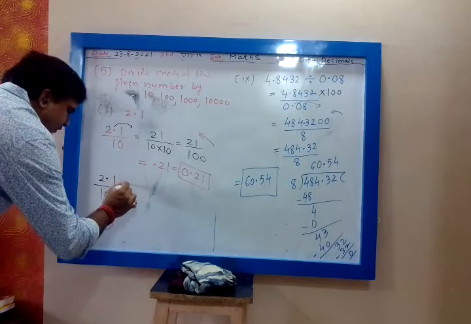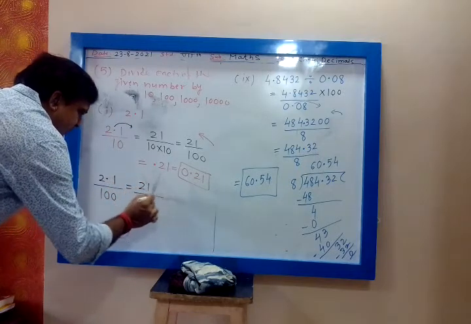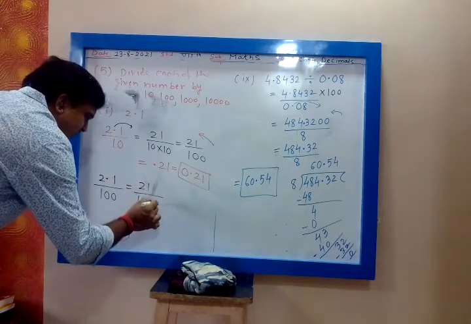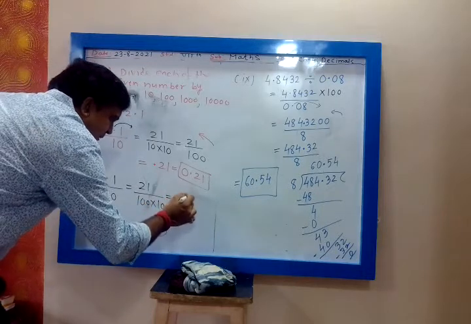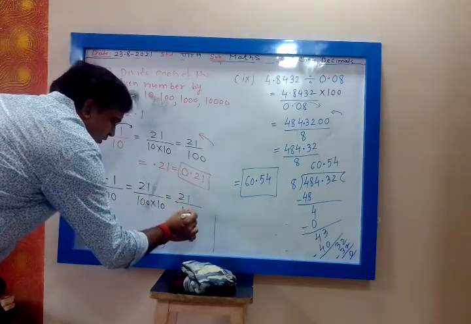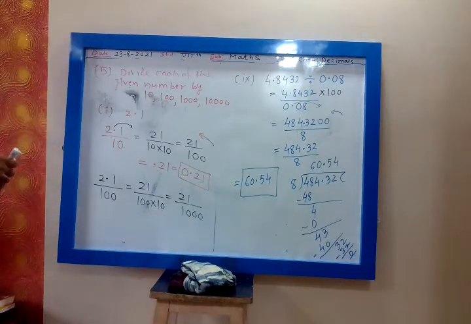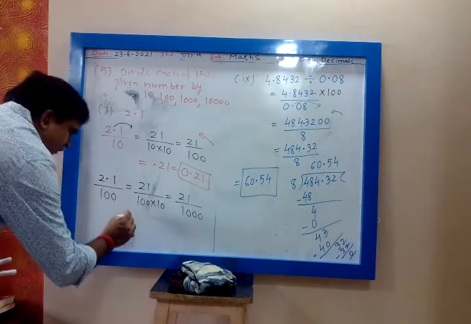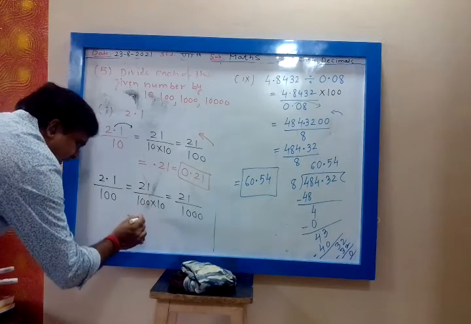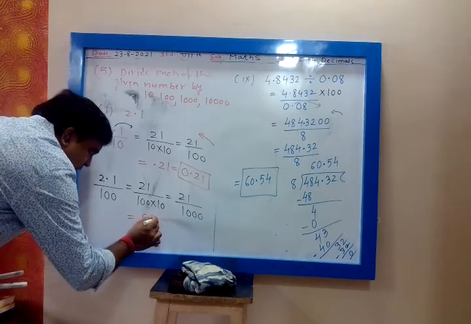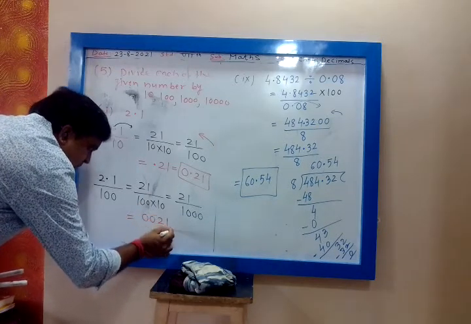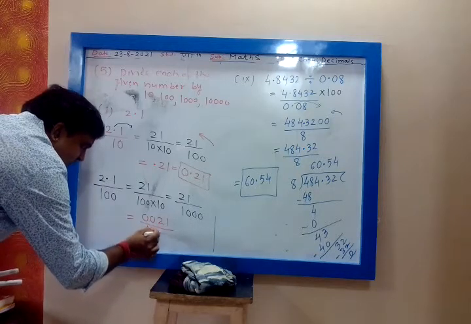This is 21 upon 100 into 10. Let us follow one method only. So that is 21 upon 1000. How many zeros are there? 3 zeros. So this 21 I can write 0, 0, 0, 0, 0, 2, 1 upon 1000.